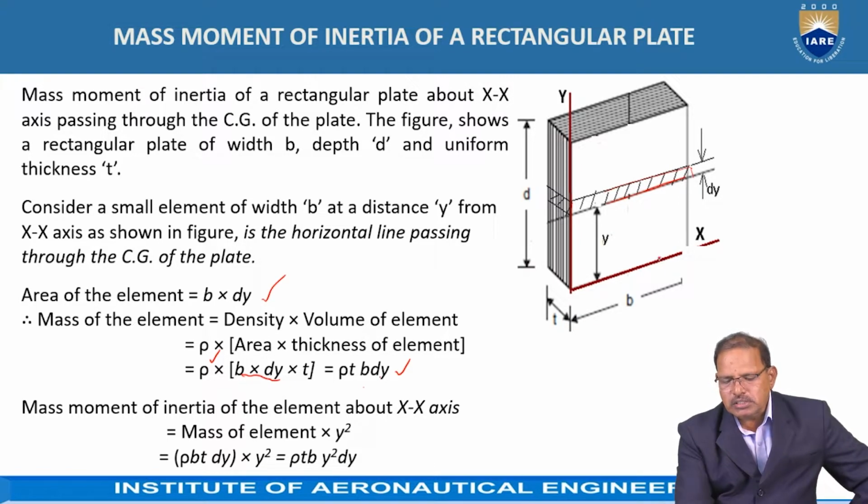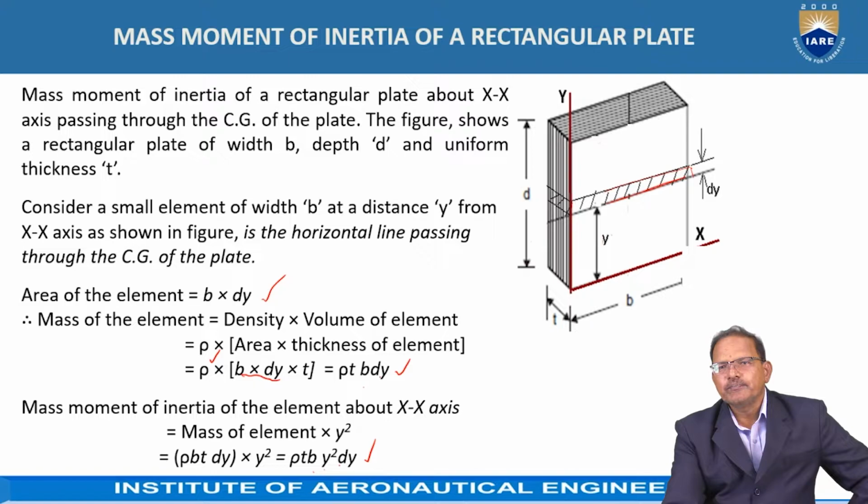Since it is at a distance of y from the x-axis, it is rho b t dy into y square, that is rho t b y square dy, where rho is the density of the material, b is the breadth, t is the thickness, and dy is the thickness of the strip considered, which is at a distance of y from the x-axis.